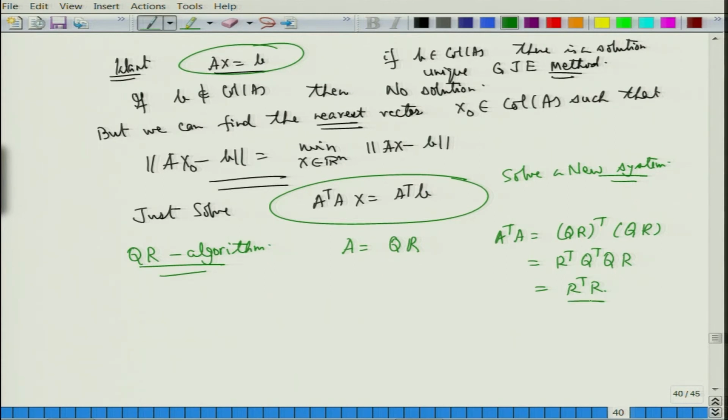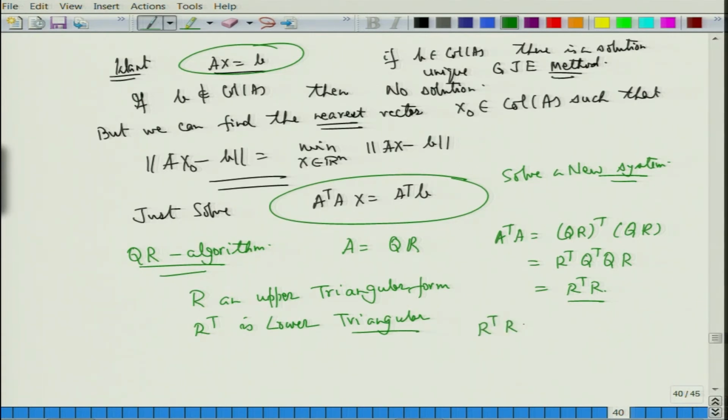R was an upper triangular form, so R transpose is lower triangular, fine. So, I just have to solve the system R transpose R x is equal to A transpose b.